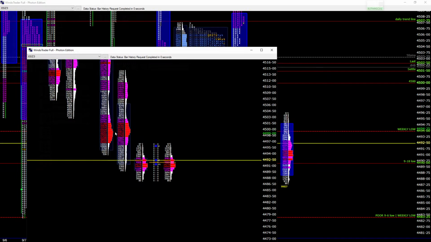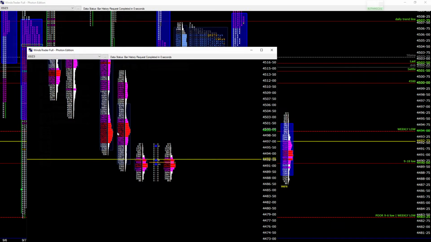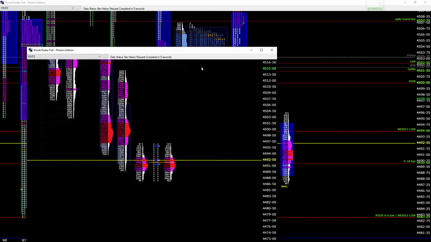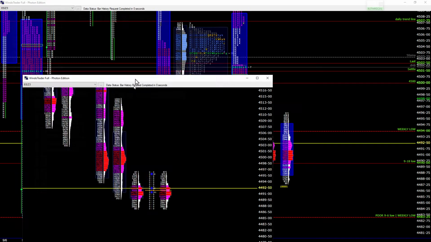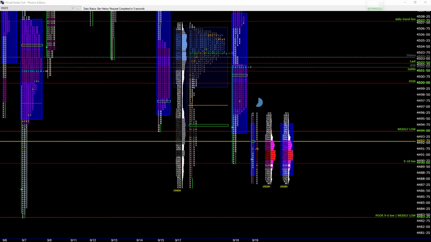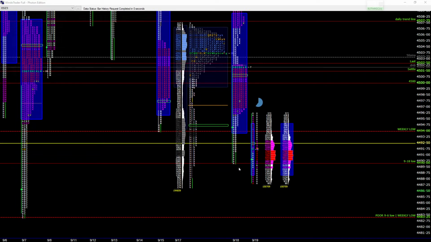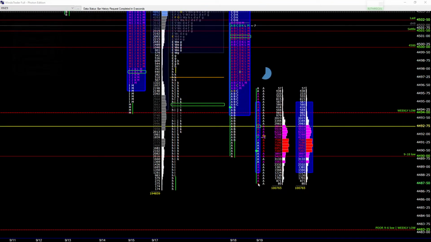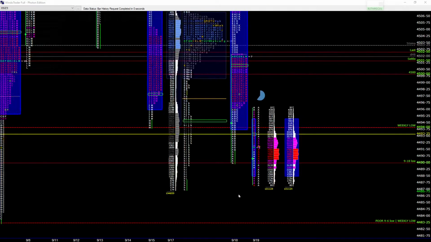What is relevant here for me is that this is a supply for a potential upside movement. The low is very close to the overnight low as well.